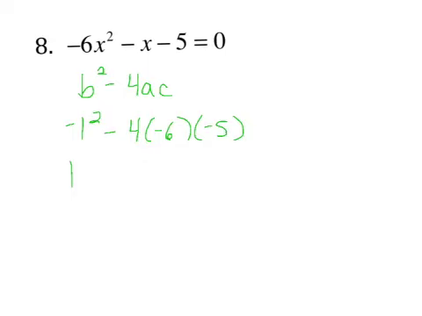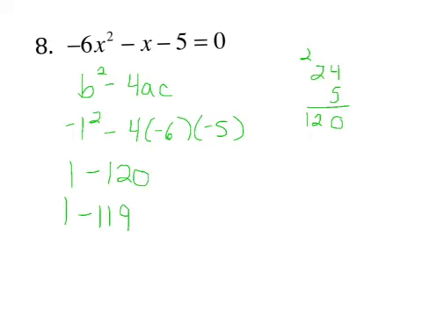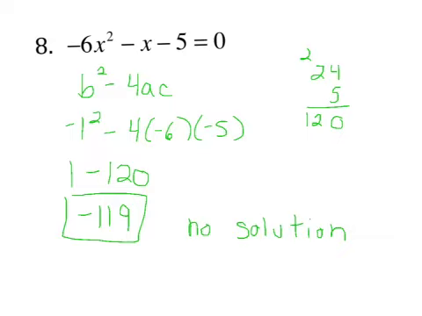Positive 24 times negative 5 is negative 120. So we end up with negative 119. Since the discriminant is negative, we know that we have no solution. This function would not cross the x-axis. If the number was positive, we would have 2 solutions, and if the number was 0, we would have 1 solution.